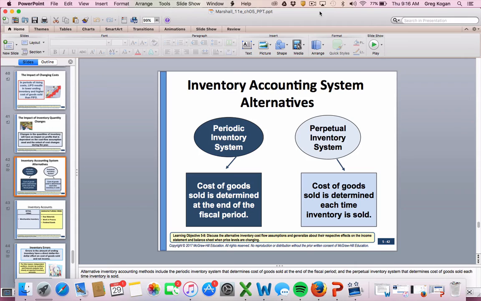And periodic inventory system is like you just check inventory at certain times. I know some grocery stores use this, where you just check, oh, at the end of the month, how much of this do we have? Or at the end of the day, at the end of the week, how much of this do we have? And we determine based on that how much inventory we've sold.